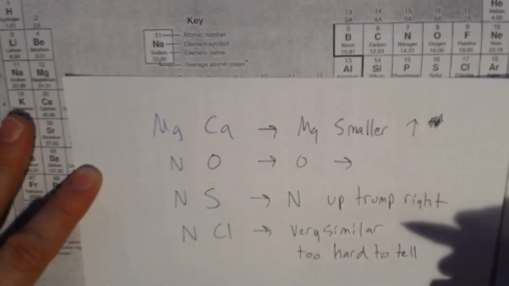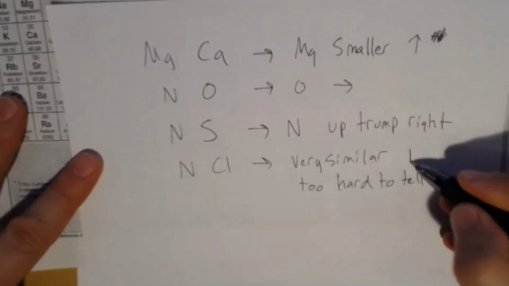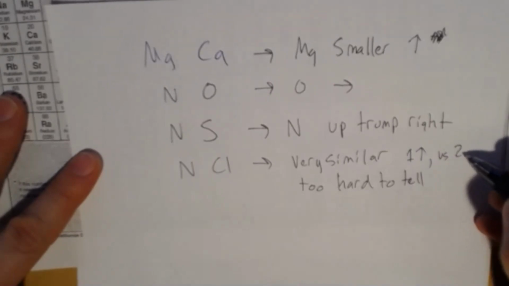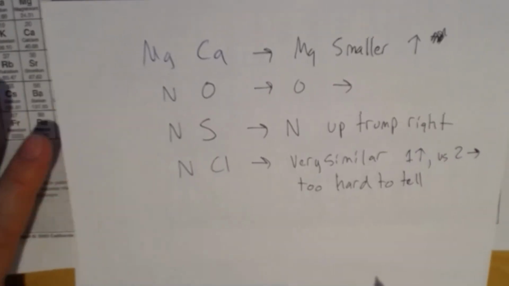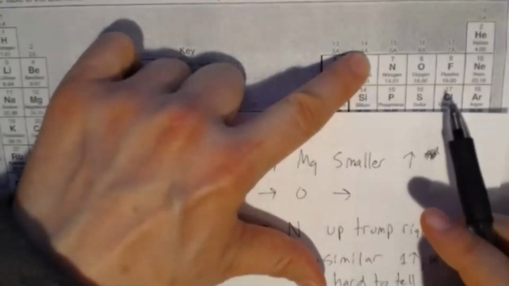Because if I look at nitrogen and chlorine, it's one up versus two to the right. You see what I mean? So in that case, I don't know.